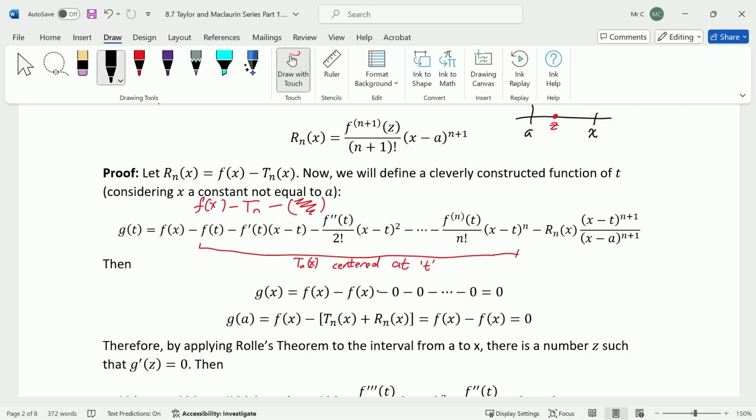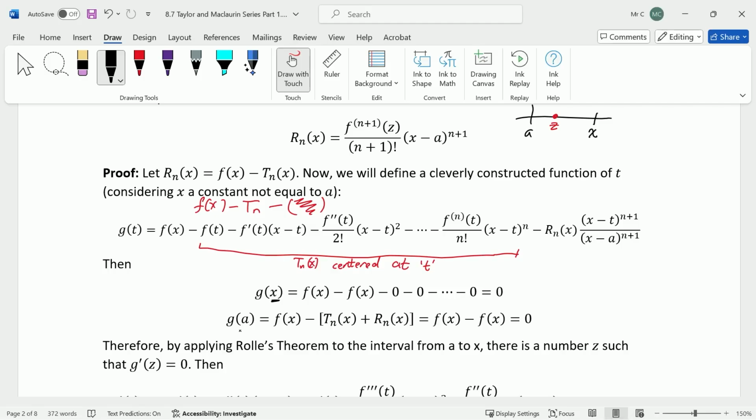If I plug in 0 in place of t, all of these terms to the right here are going to be 0. And then we get f of x minus, or sorry, I said x instead of t. If we plug in x in place of t, all of these terms will be 0, except f of x minus f of t becomes f of x minus f of x, so that's also 0.